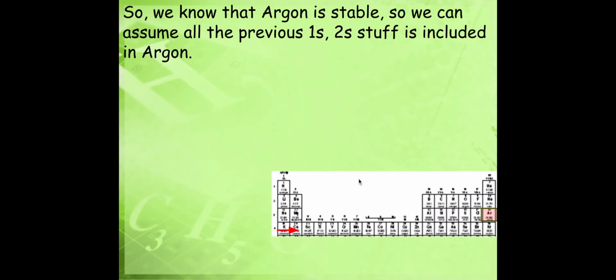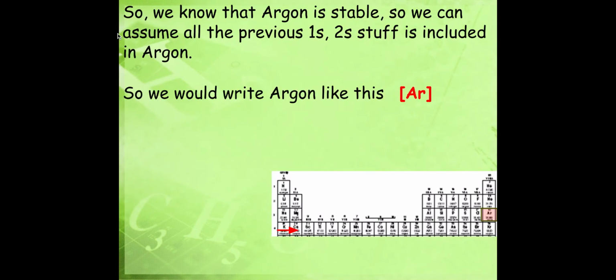Okay, so we know that argon is stable. We know that those noble gases are all stable, and so we can assume that all the previous 1s, 2s stuff is included in argon, right? So what we do now is write that argon in square brackets. And that argon is what position on the periodic table? Position number 18.